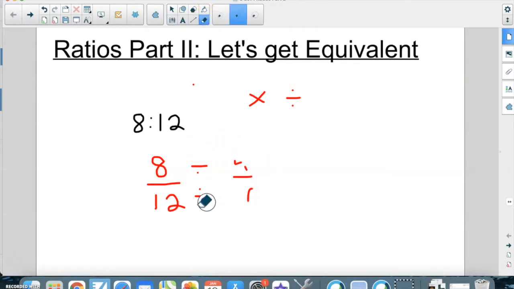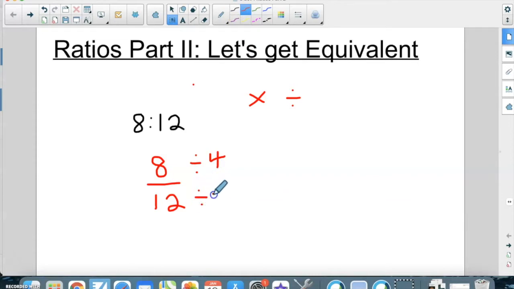Now, sometimes we have to put them in simplest form. So some of you thought right away, well, let's put it in simplest form. Let's divide by 4, as that is the greatest common factor that you can divide both the top and bottom by. And if you do that, and that's going to be coming in handy here coming up, you get 2 on the top and you get 3 on the bottom.